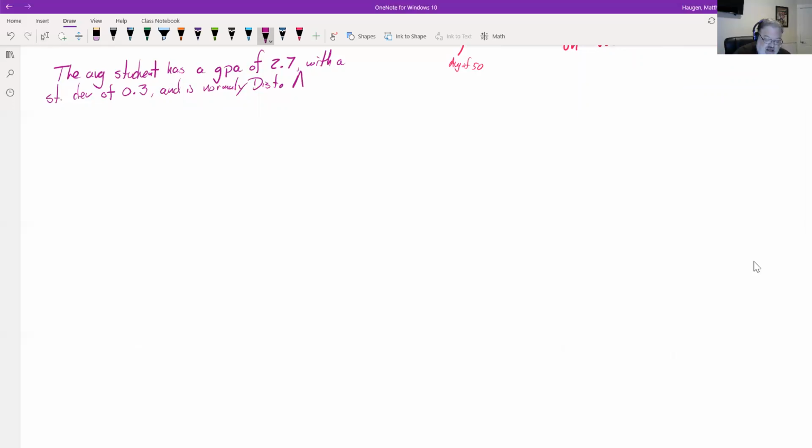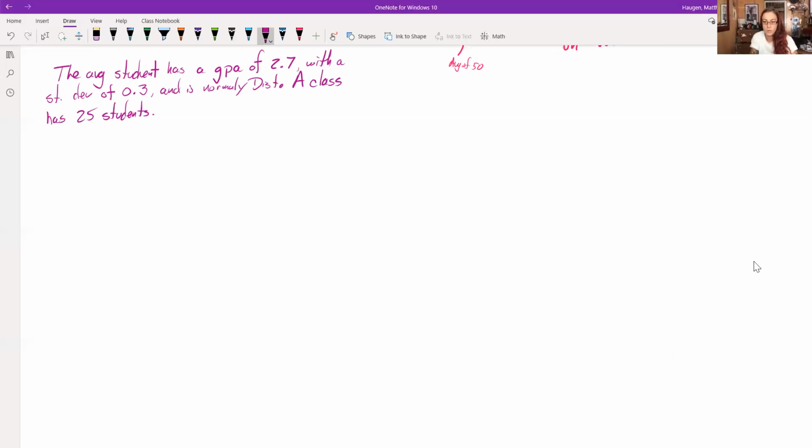Let's say a class has 25 students. Now, immediately that might make us nervous because 25 is less than 30. But in this case, what do we know the shape of our sampling distribution is? It's normal.